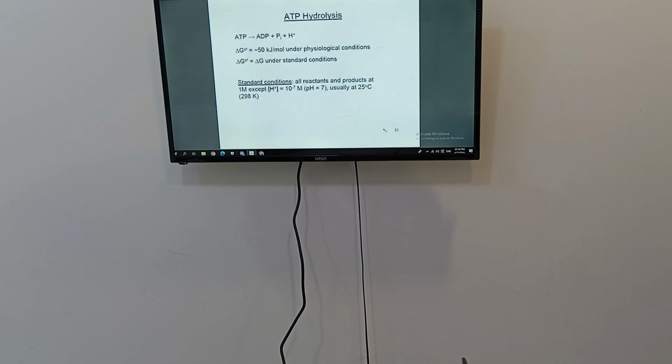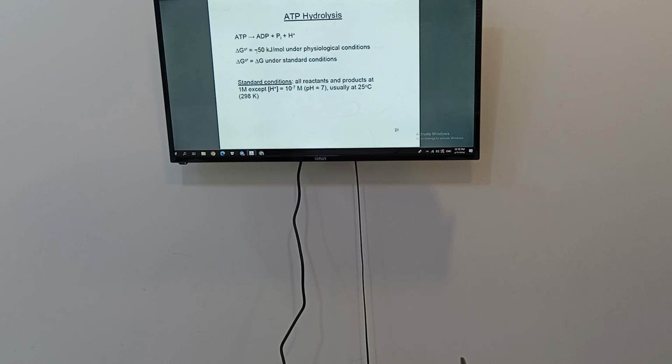We have here ATP hydrolysis. ATP is adenosine triphosphate, the energy molecule that is released when we make any sort of effort in our body, in plants, in animals, etc. ATP can be broken down to adenosine diphosphate, a molecule of phosphate and a molecule of hydrogen ion.